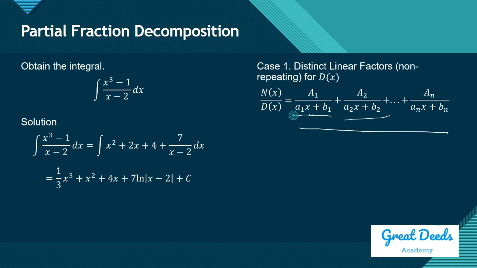So these functions in the denominator are linear, degree 1. When they are degree 1, the function in your numerator must be at most degree 0, which means it is a constant function. So these values in the numerator are constants.